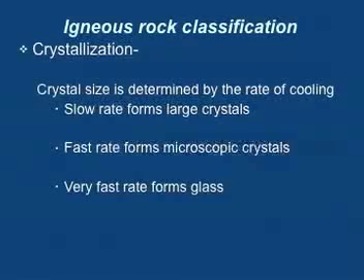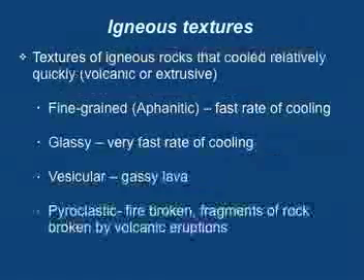So a slow rate makes large minerals, a fast rate makes really tiny minerals, and sometimes it cools so fast that it does something we call quench. Quenching forms glass, and we'll talk about volcanic glass. You all know obsidian. There is no regular repeating internal structure in obsidian. It quenched. It's chaos in there.